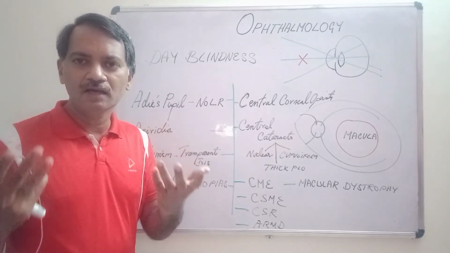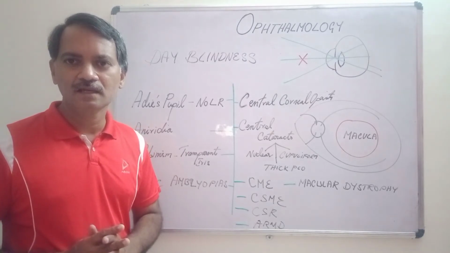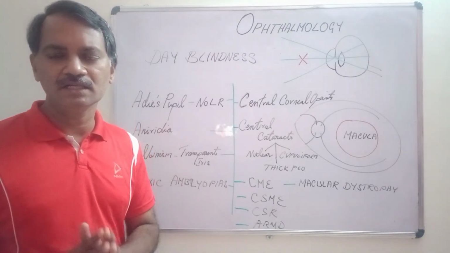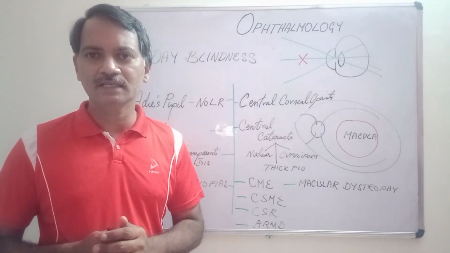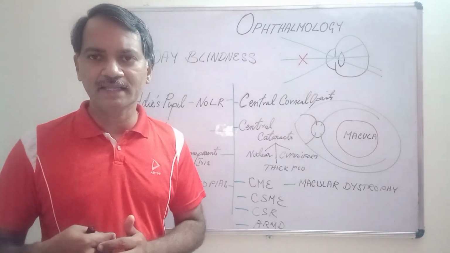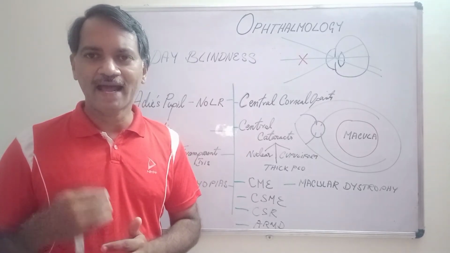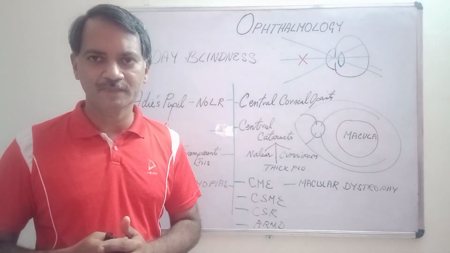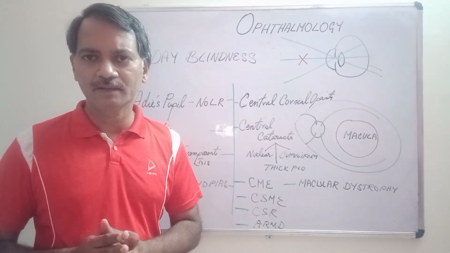So the macula function is affected. So that will lead to day blindness. So these are some of the conditions. Apart from that, you can have day blindness in post-chiasmatic brain injuries. You can see it with anti-epileptic drug usage. So many conditions can lead to day blindness.